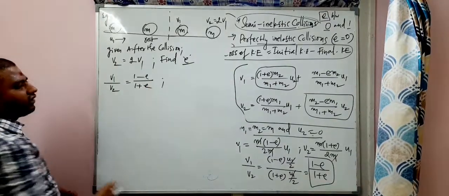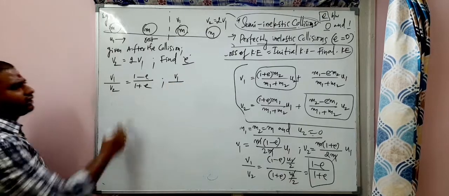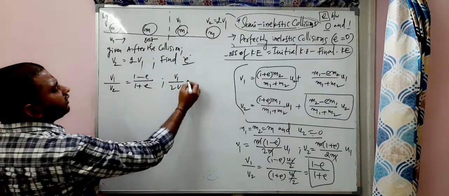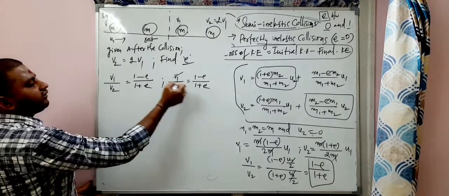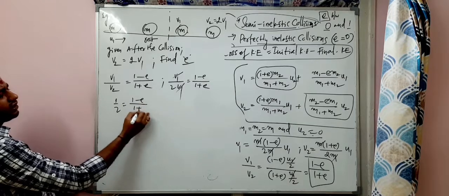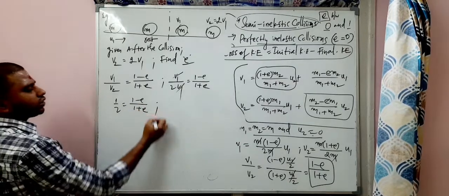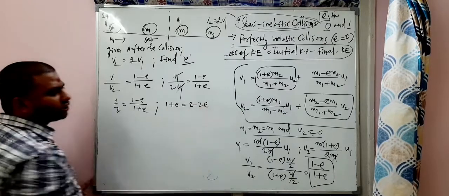And v2 is 2 times v1, which is equal to 1 minus e by 1 plus e. v1 cancels and 1 by 2 is equal to 1 minus e by 1 plus e. So just cross multiplication, 1 plus e is equal to 2 minus 2e.